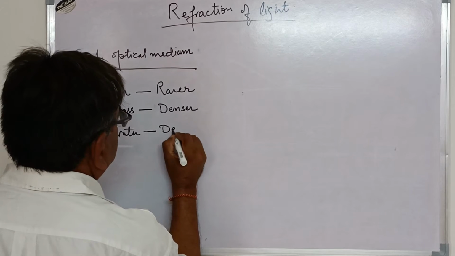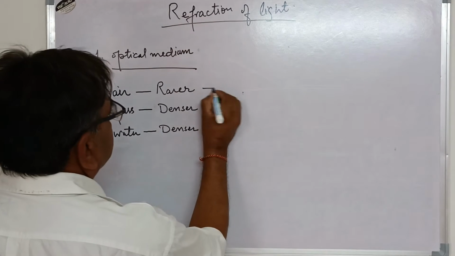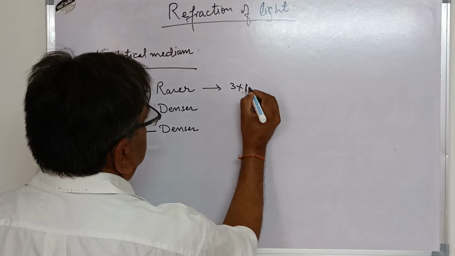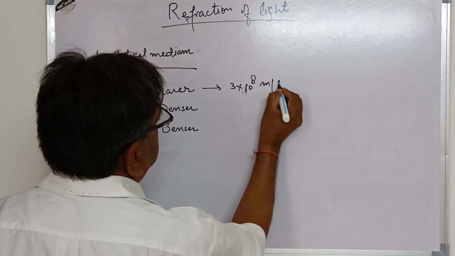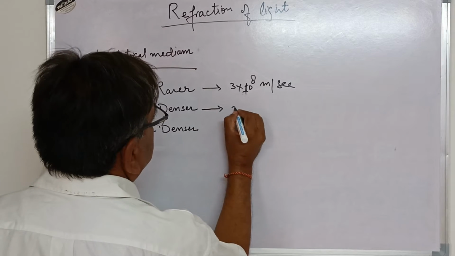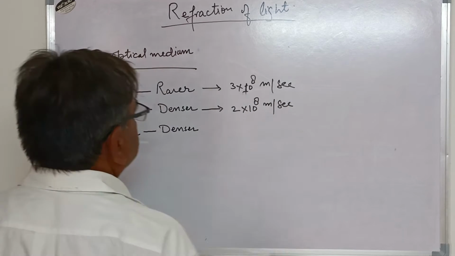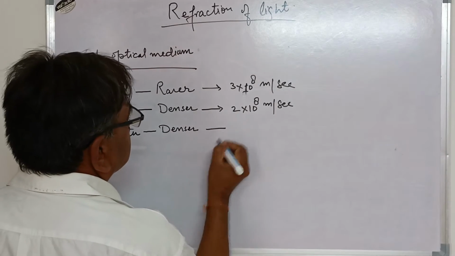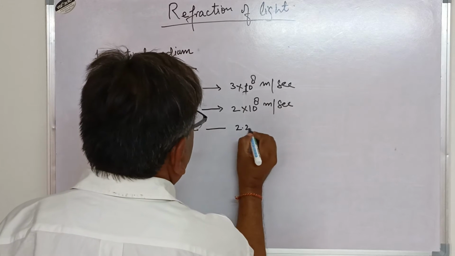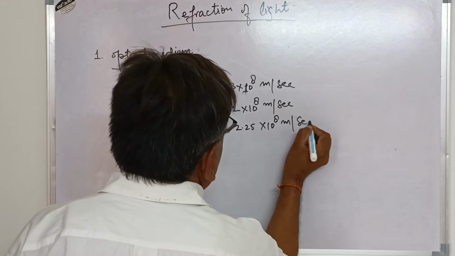It is also a dense medium. So the speed of light in air is 3 × 10^8 meters per second. In glass, it is 2 × 10^8 meters per second. And in water, it is 2.25 × 10^8 meters per second.